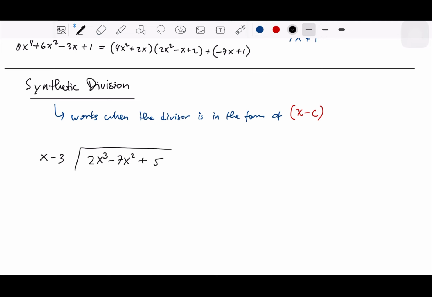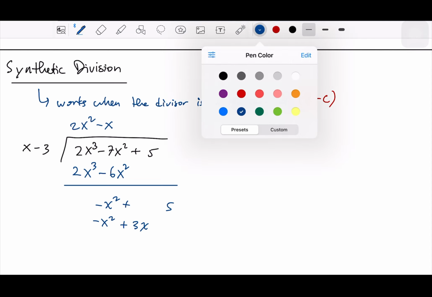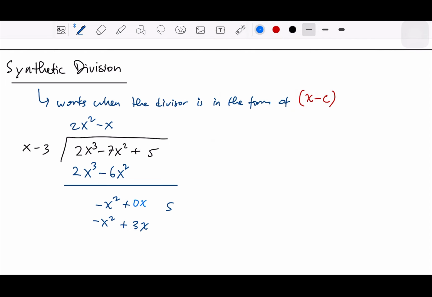So we start with 2x squared, so 2x cubed minus 6x squared, right? And we have negative x squared plus 5. Then we need to multiply with negative x. To make it more clear, let me put a 0 at that point.